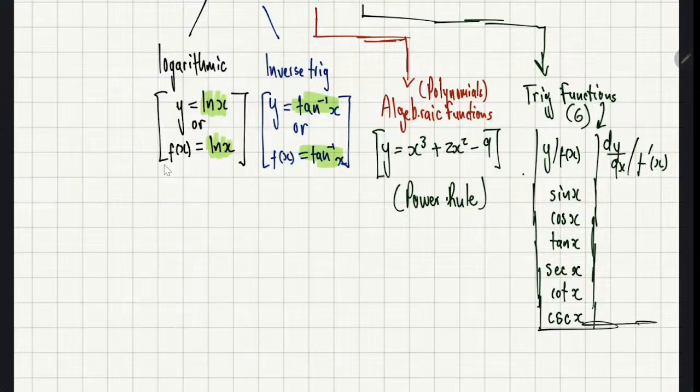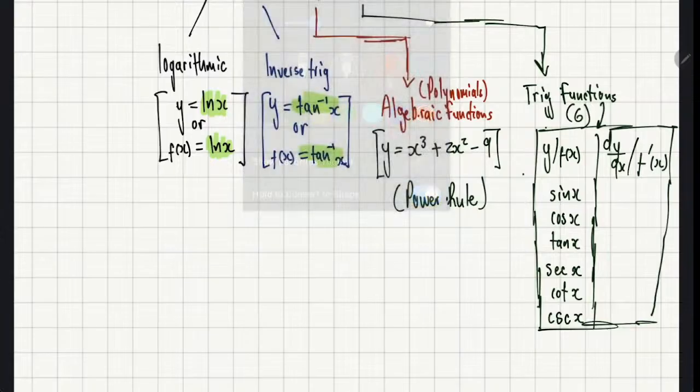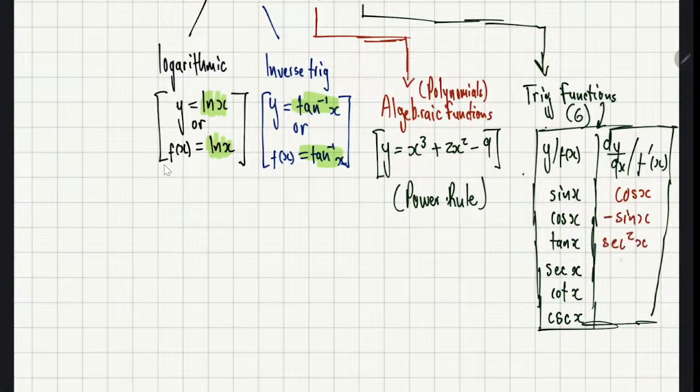You should know what you get when you differentiate each of these 6. You should know that when you differentiate sine x, you get cos x. When you differentiate cos x, you are going to get negative sine x. When you differentiate tan x, you get sec squared x.